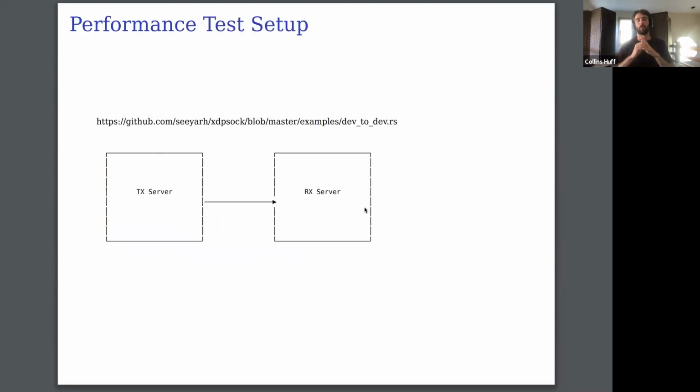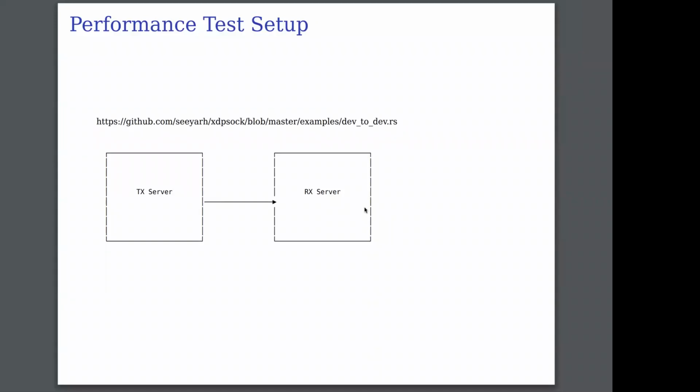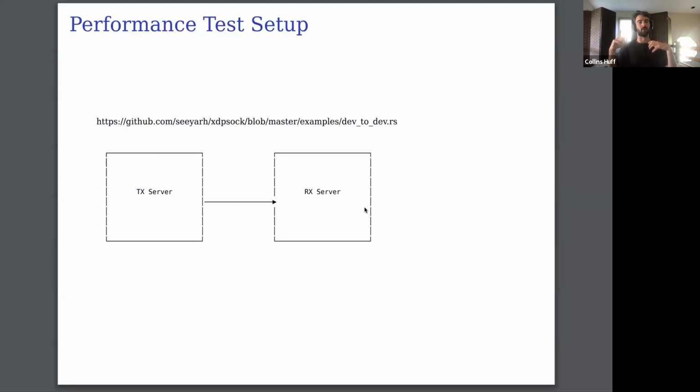So now we've got our simplified design that we can use from ZMap. The whole point of this is to scan quickly, so we need to do some performance analysis. The way I did that is with a setup that looks like this.